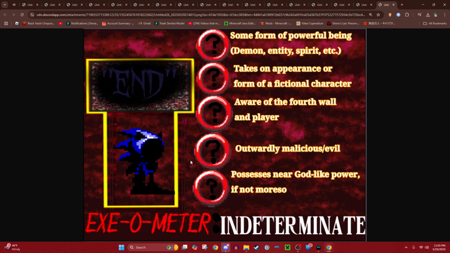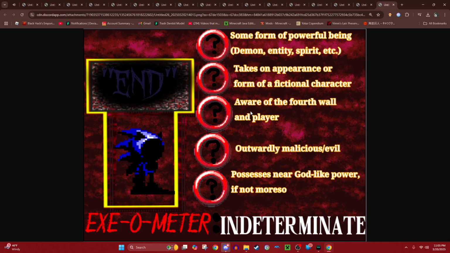You hear them talk about how mysterious it is and how it's really not in line with most EXE games. And having seen it, I can agree with that. I don't really see it as an EXE game, and I don't see End as an EXE style character. So, with that being said, this is an indeterminate character, but it's likely that they aren't an EXE.